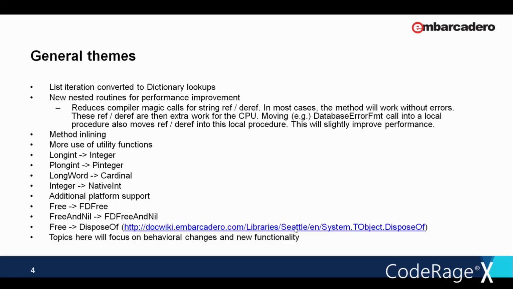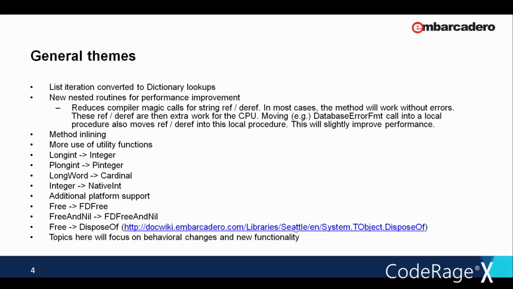There's more use of utility functions that help make code cleaner. Similar copies of things like encoding routines got moved into common runtime library routines, and the code resulted in being cleaned up.